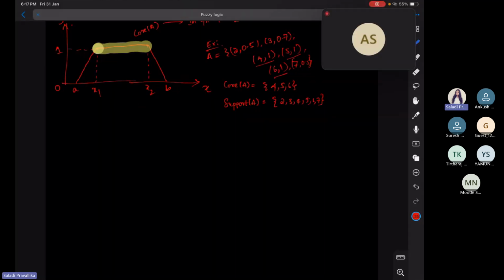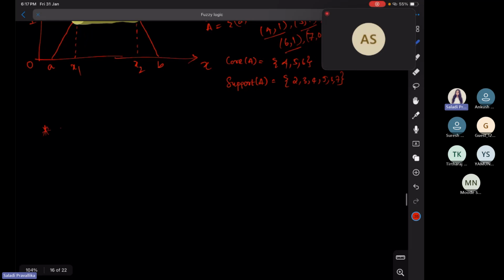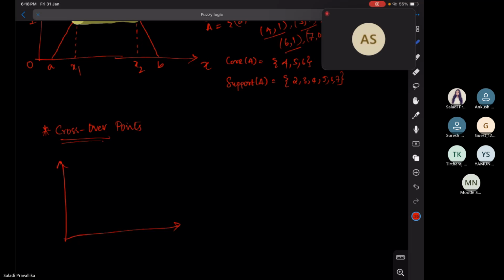And then we have crossover points. So again, for a given graph, x and y, where x are the different input values that we take, and y is the membership function value. Okay. Let us say this is our graph.